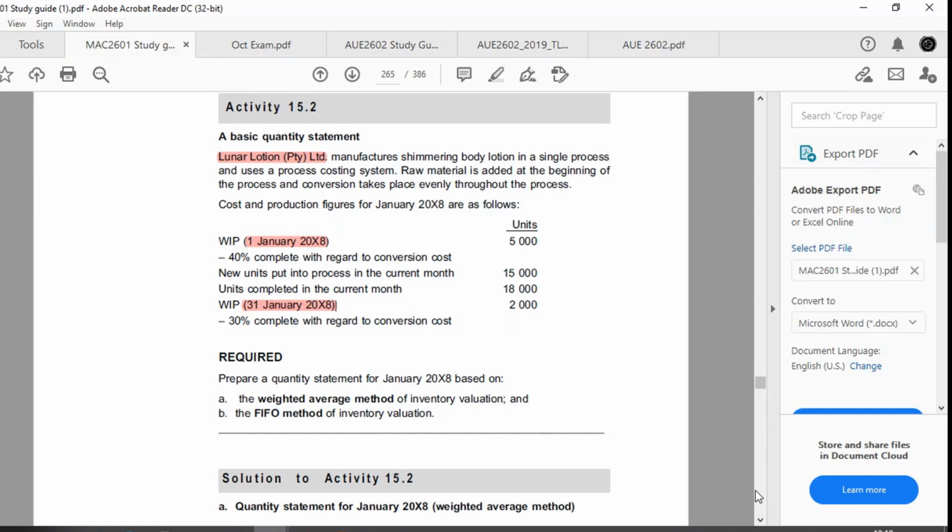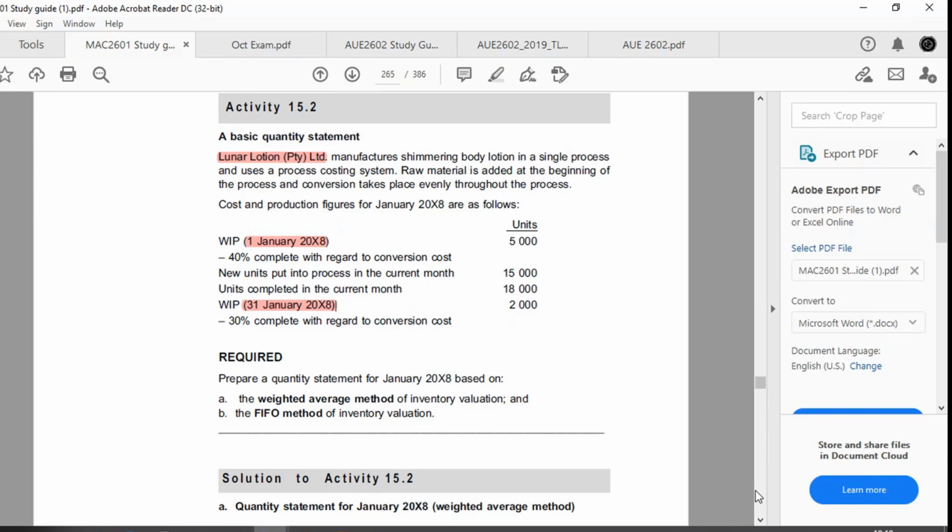And so the normal top headings are there. I immediately write, depending on if it is the weighted average or the FIFO method, input: opening WIP, put into production, output: completed and transferred, closing WIP. So that's there already.